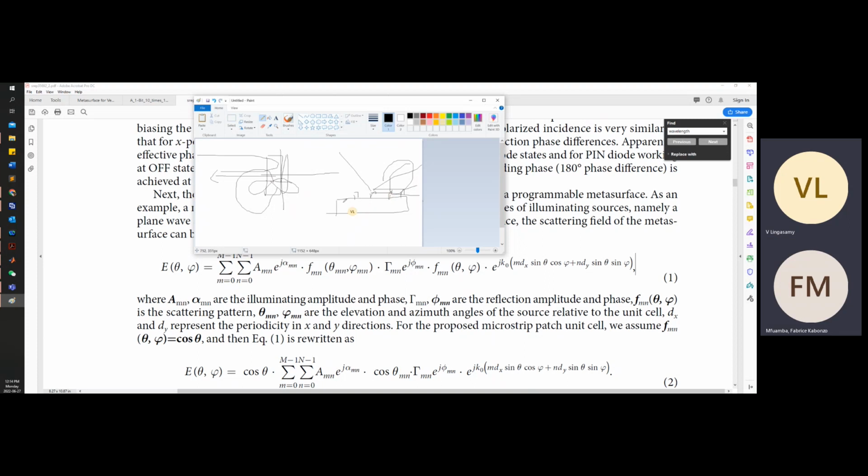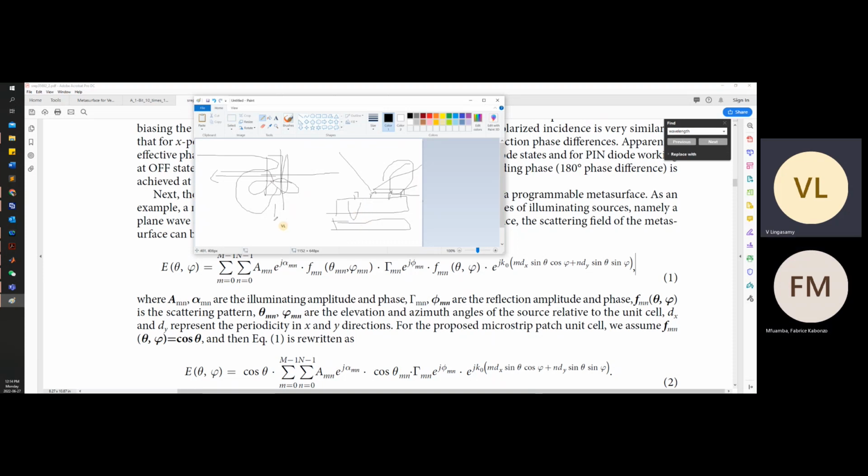Okay, that is a metasurface. If it is an AMC, artificial magnetic conductor, it is a kind of magnetic conductor. It reflects back the signal with zero phase. That is the idea, basically.